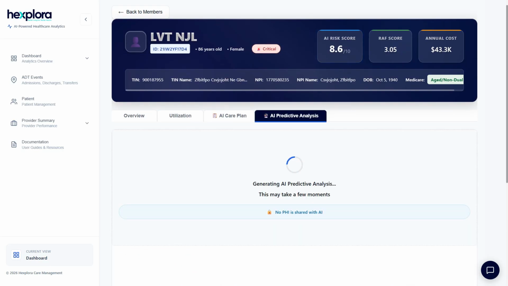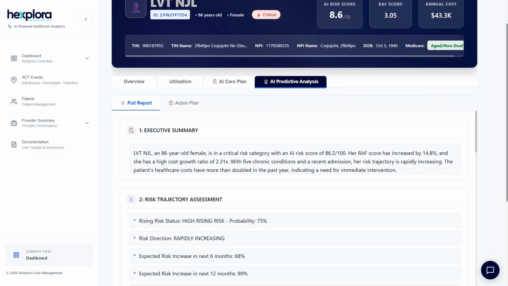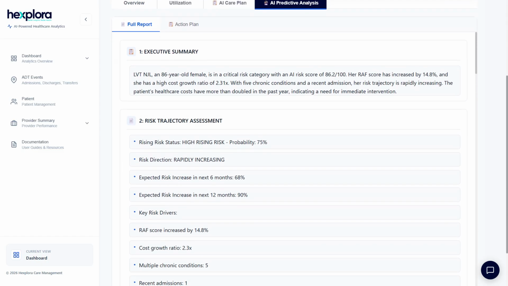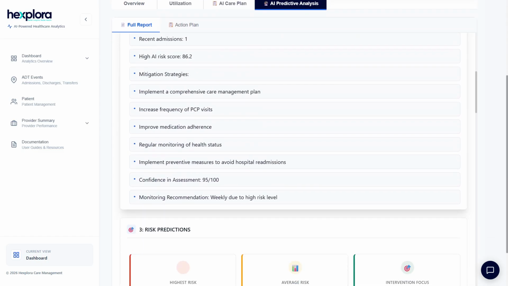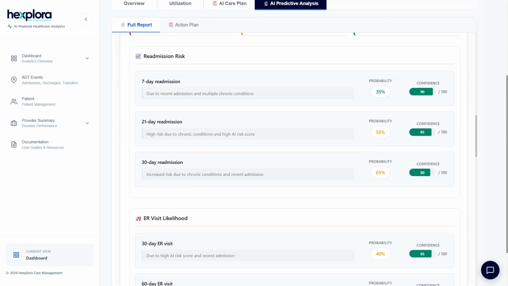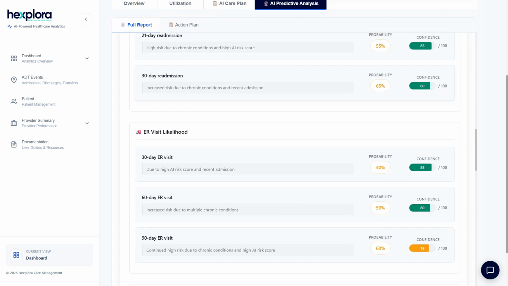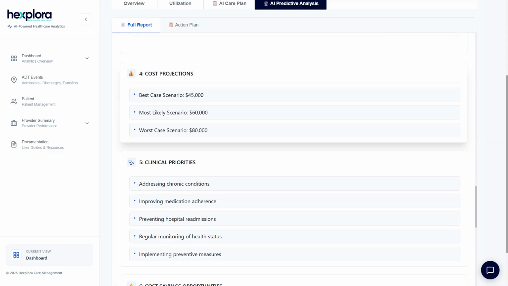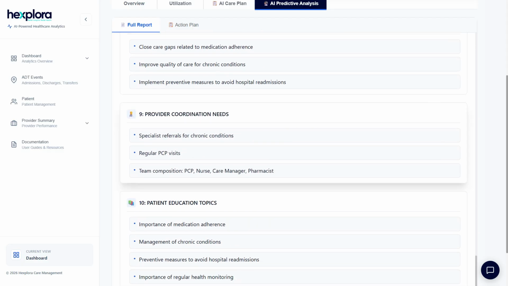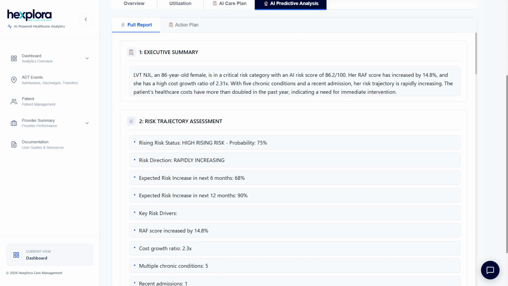Selecting AI predictive analysis enables forecasting of future health events along with associated confidence scores. This includes predictions for readmission risk, ER visit likelihood, and hospitalization risk, allowing care teams to understand both the severity of risk and the confidence of each prediction.